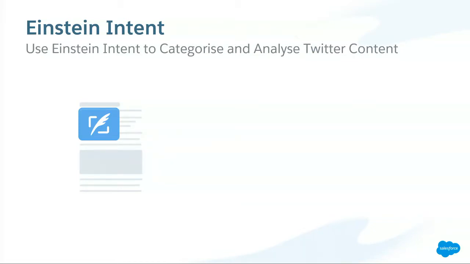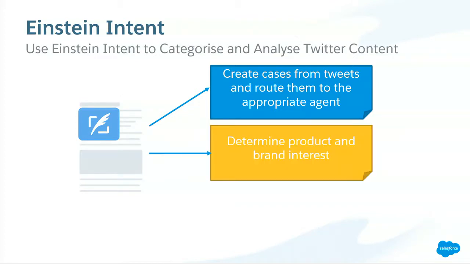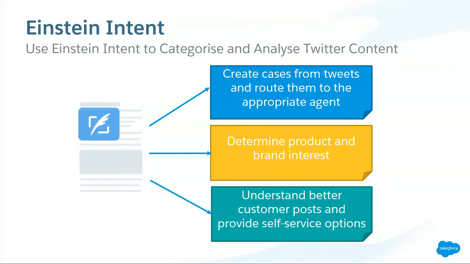And what can we do with this information? We can create cases from tweets and route them to appropriate agents. We can also determine whether customers are interested in our product and which ones they're interested in. And we can also understand better what they want.